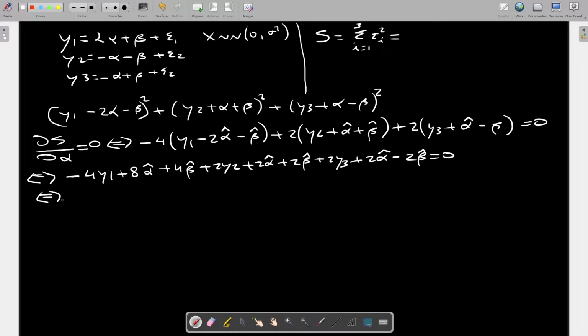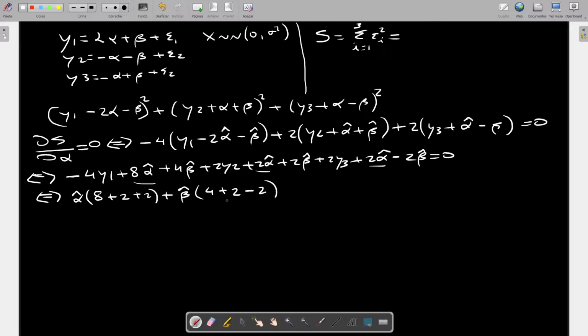Again, let's continue. Now the next step is to arrange the terms so that you have the same terms arranged together. So you have alpha: you have 8, the second one plus 2, the third one plus 2. Let's do the same for beta: the first one is 4, the second one is 2, and the third one is minus 2.